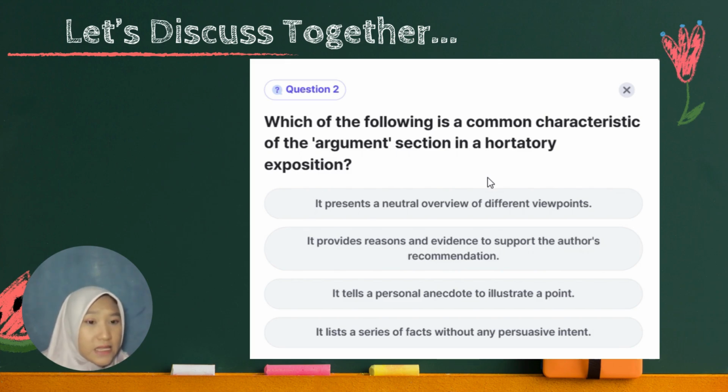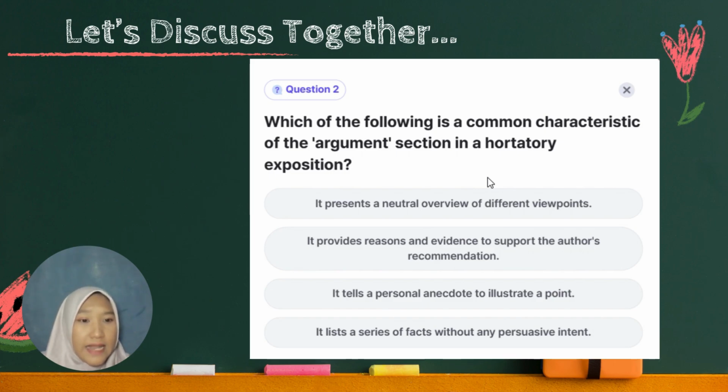And then next, option 2, it provides reasons and evidence to support the author's recommendation. Is that correct? Yes, this is the correct answer, because without strong reasons, people will not be willing to follow our suggestions later.